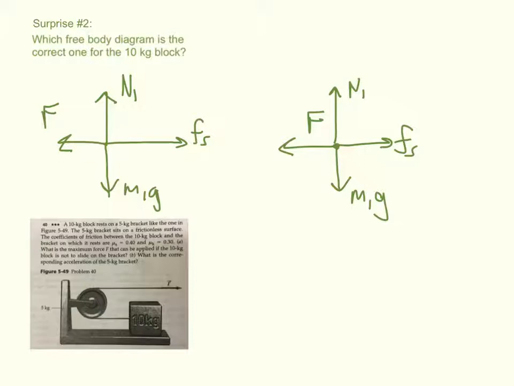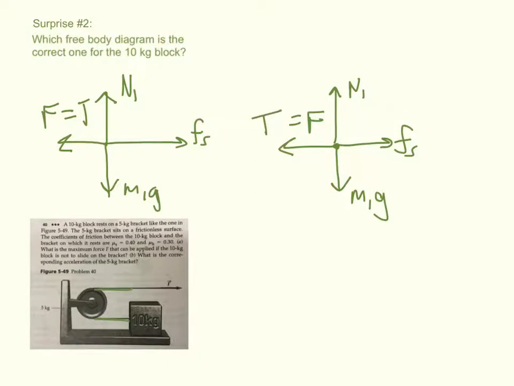Now we're going to consider the 10 kilogram block right here. I have two free body diagrams for you. Similar forces in each case. I should point out that the force applied in each case is equal to the tension from the string here.